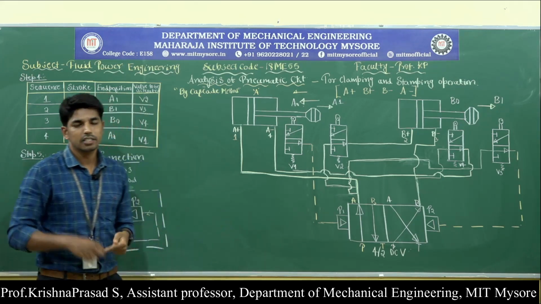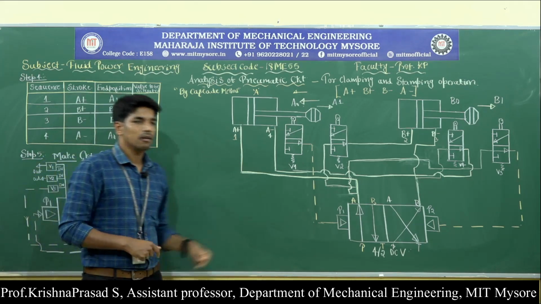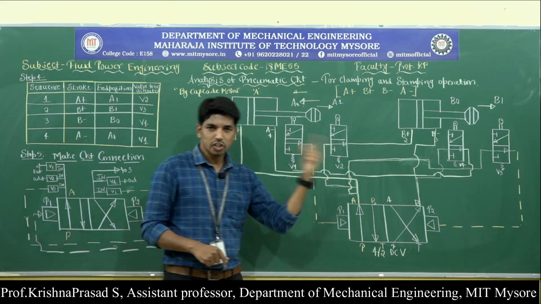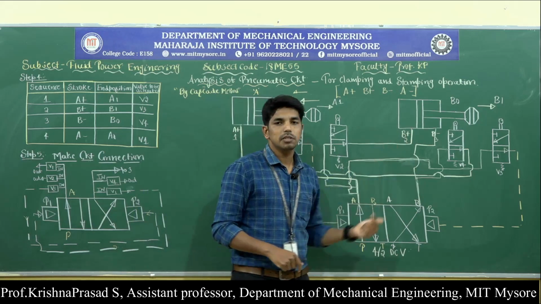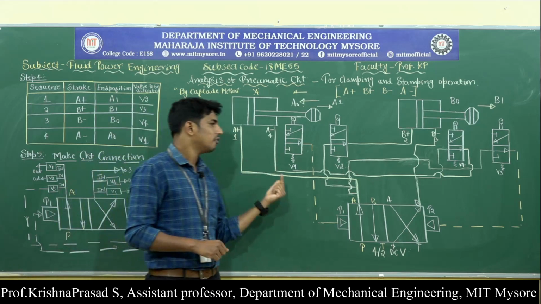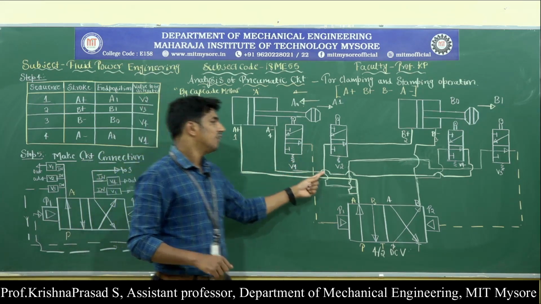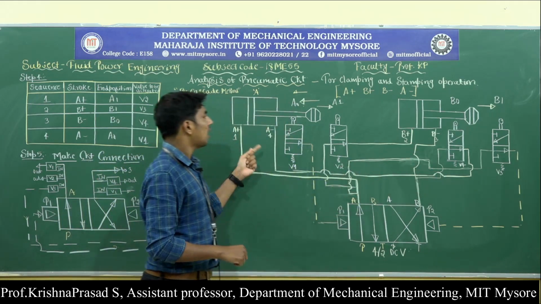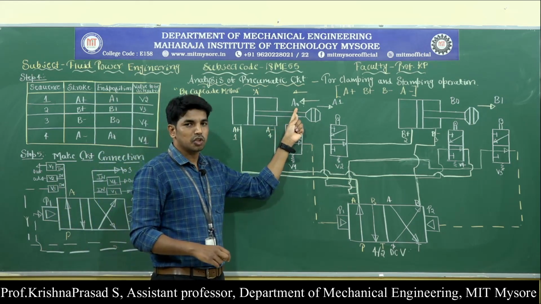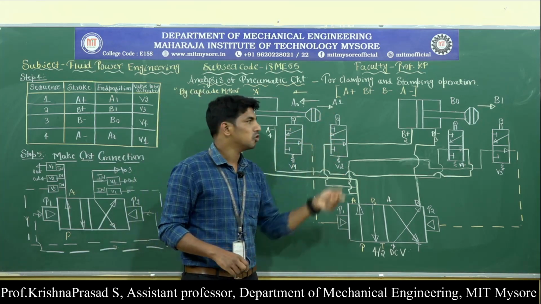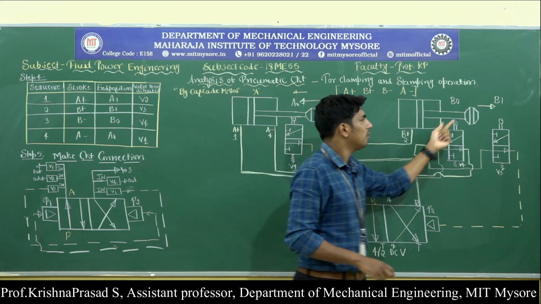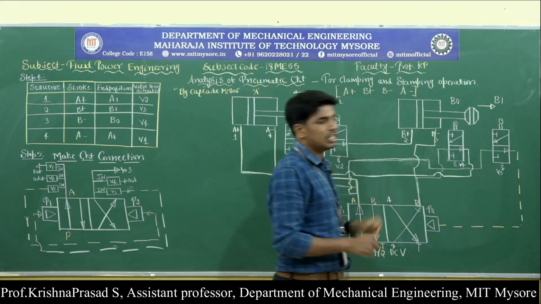A plus is nothing but extension of cylinder A. A minus means retraction of cylinder A, B plus means extension of cylinder B, and B minus means retraction of cylinder B. Along with that we also have the 4 valves, called V1, V2, V3, V4. For cylinder A there are 2 positions: A0 is called the retracted position and A1 is called the extended position. Similarly B0 is the retracted position and B1 is the extended position of cylinder B.